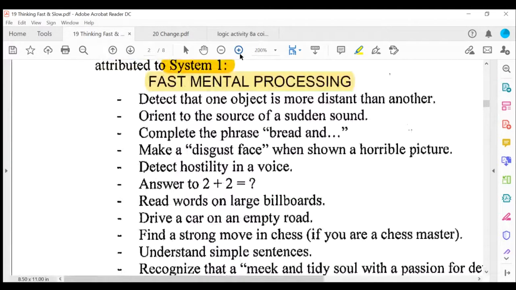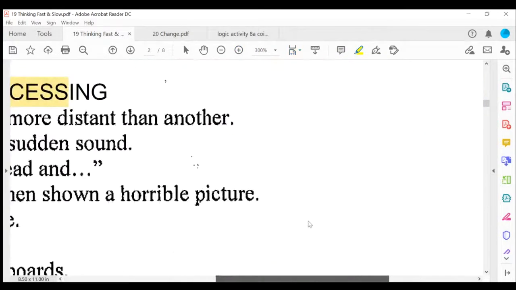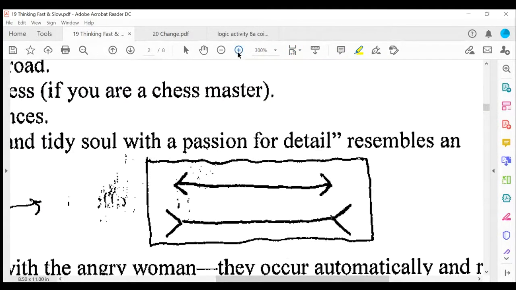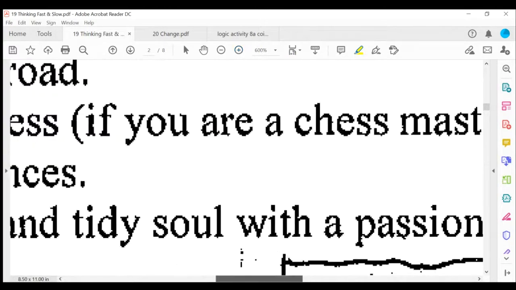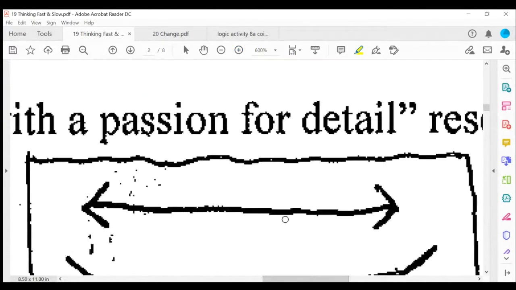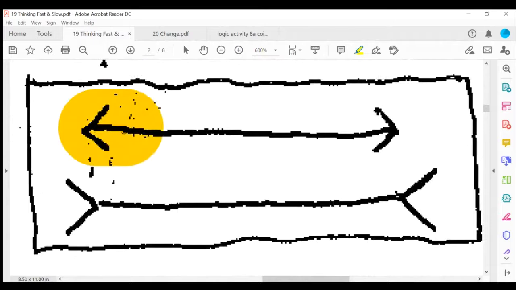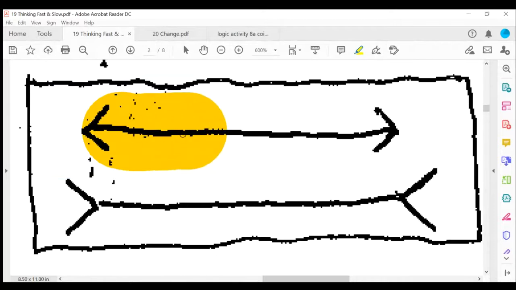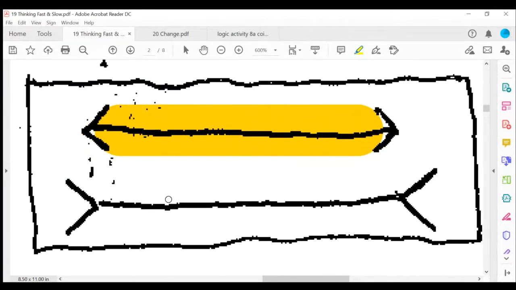Not sure what I could do. Maybe I'll make it a lot bigger here, and maybe we can just see that they are, in fact, exactly the same length. So let's see here. Try exactly stopping here.